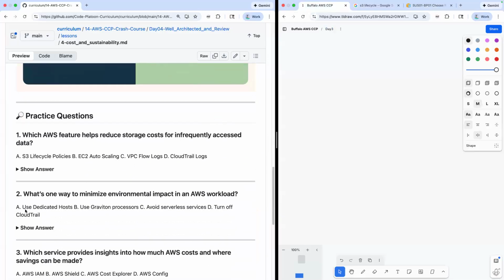Let's dive on to the good part. Questions. I'm just going to go from the top here. I lost track of where we were in the order. So, Ryan, what AWS feature helps reduce storage costs for infrequently accessed data? And Ryan, what I'd like you to do actually, let me walk through the problem.